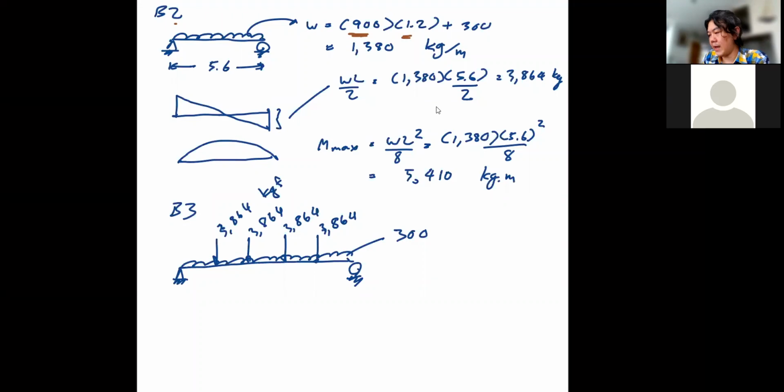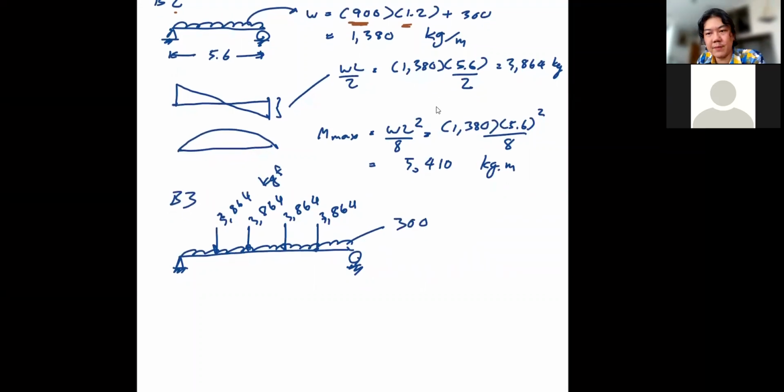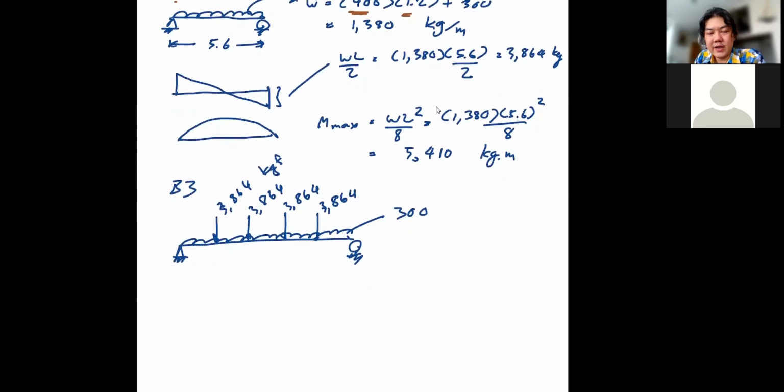But if you don't practice, you know, the small problem will become a big problem. But what you should know now from your mechanics of materials days, that when you see the beam, you should see the shear force and bending moment diagram right away, at least how they should look like. In this case, you have the point load and you have the uniform load.